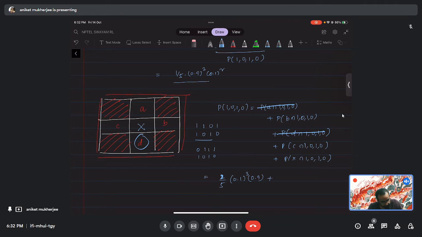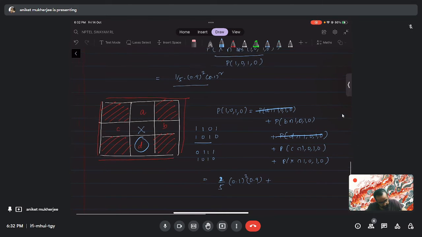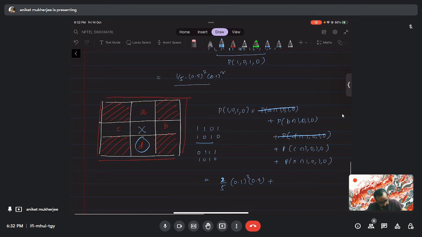What would B give? B will give you 1110. So 2 errors. No, wait, 1 error. It's only 1 error, my bad. It's 0.1 times 0.9 cube. And that's 2 times. Sure, 1 error, I was thinking 2 errors.